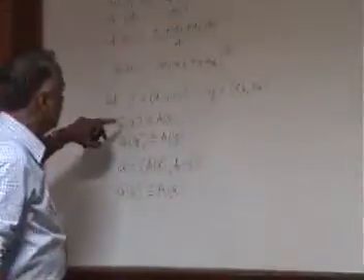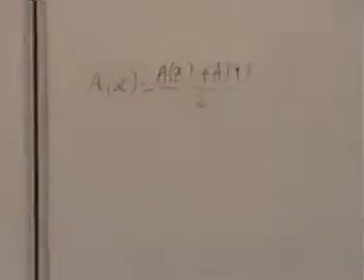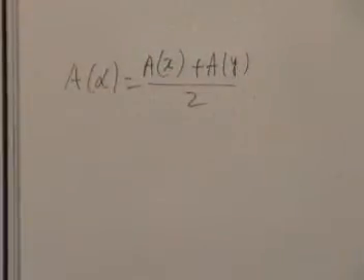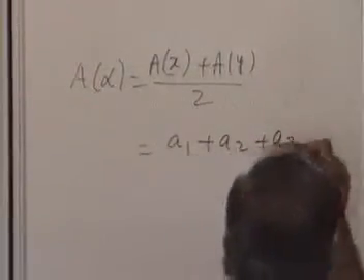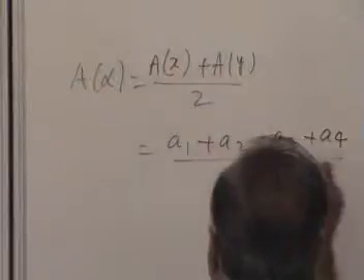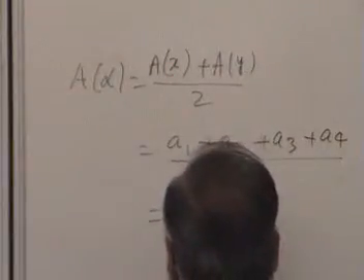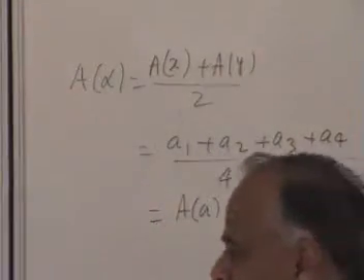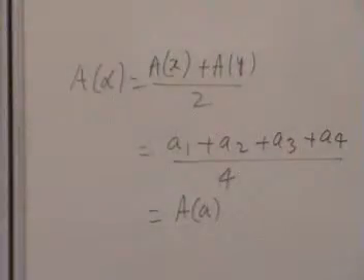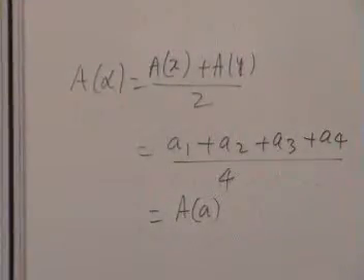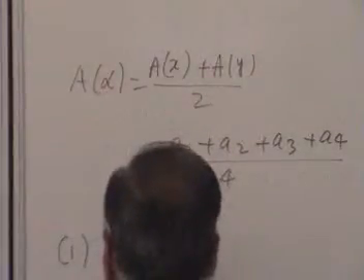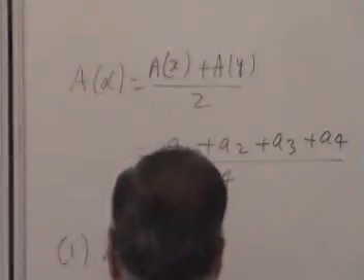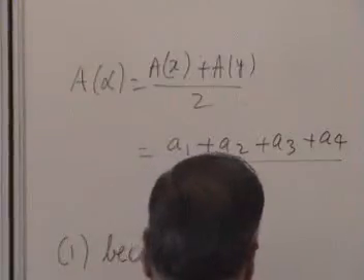But what is AX plus AY by 2? A1 plus A2 by 2 plus A3 plus A4 by 2, all by 2. So it simply becomes A1 plus A2 plus A3 plus A4 by 4, which is AA. So if I call this 1, what happens to 1? G alpha is less than.